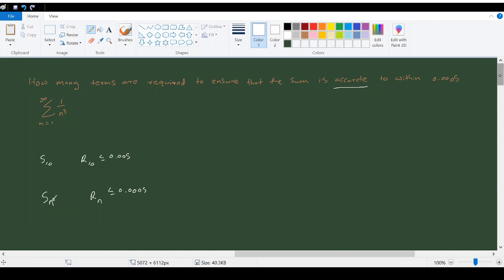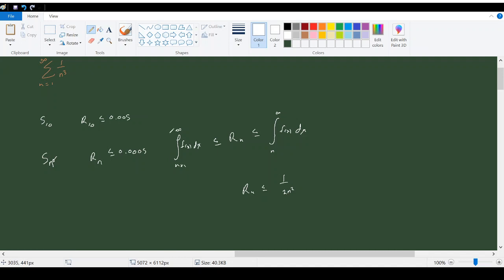So now, as we already have an inequality for any given remainder, we can easily figure out the suitable n value, right? And the inequality will be this one, okay?